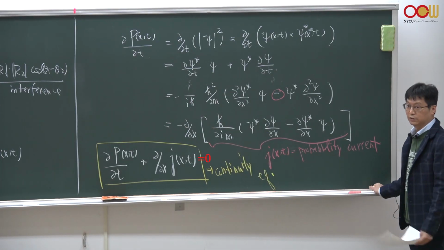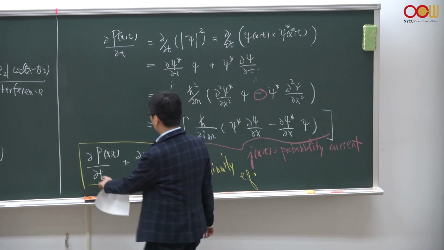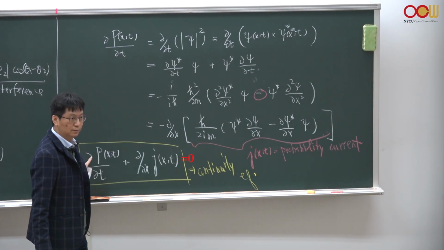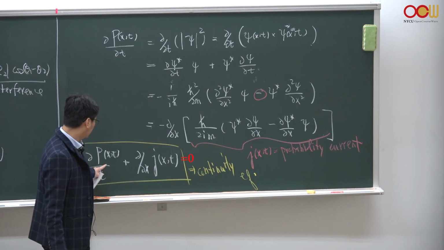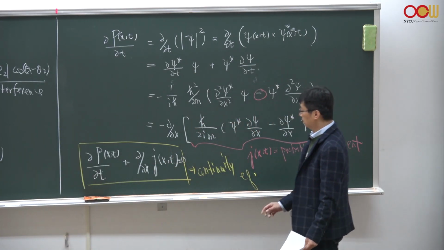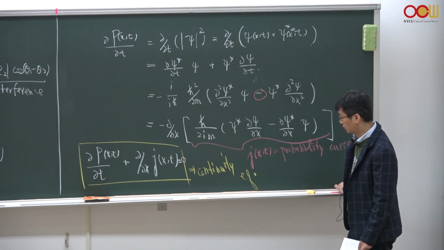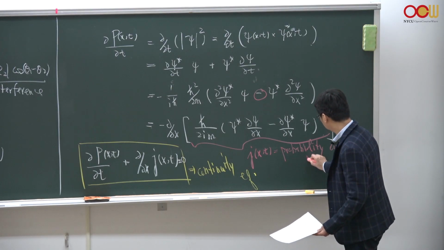This tells us about the conservation of your particle flow. So the time change of a probability density is given by the negative of the spatial derivative of your probability current or flux. Okay, so this is called flux.